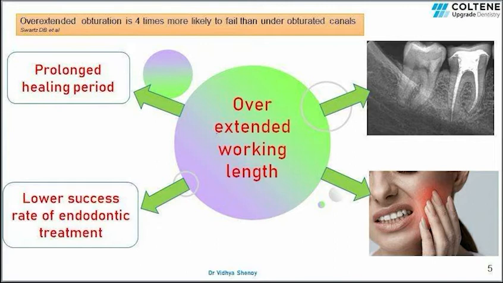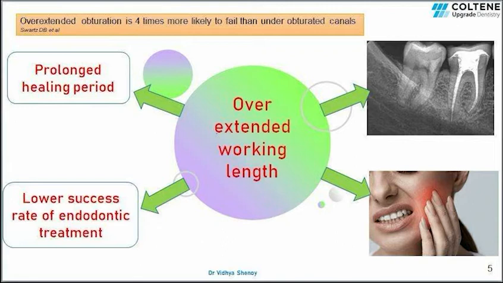Another thing that will happen because of the perforation of the apical constriction is that the obturation that we do will eventually be overextended. This can compromise the apical seal, which can in turn lead to apical leakage. So this is again another reason for post-treatment flare-up that we can see.